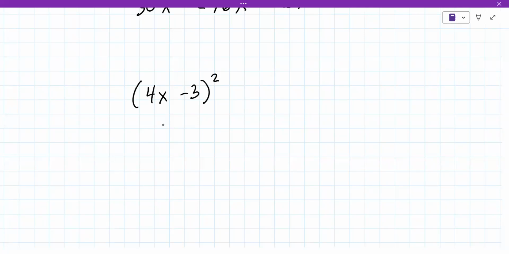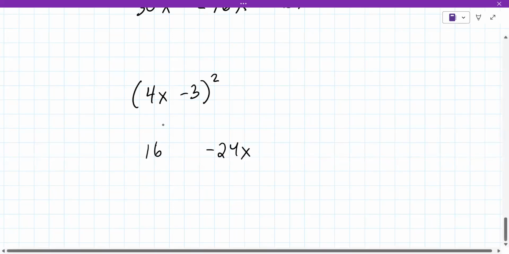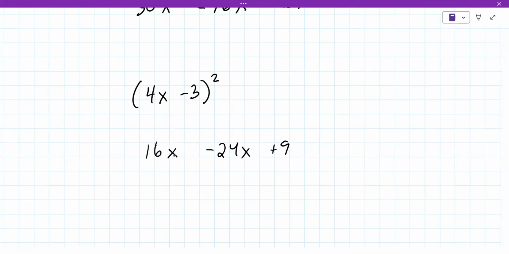So 16x minus 24x plus 9. What goes next to the 16? Just x? Squared. Yes, very good. Now let's say I put a 2x to the 4th out in front.